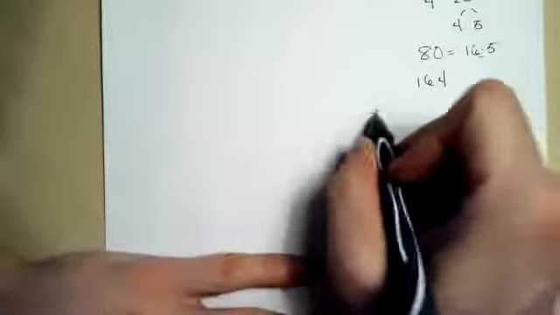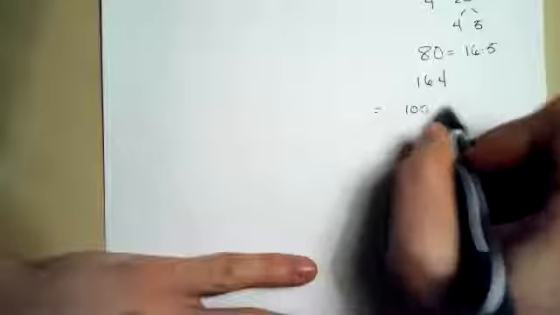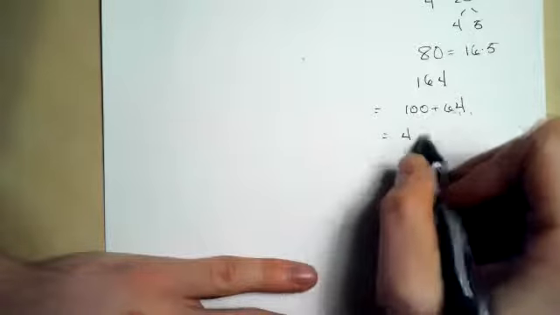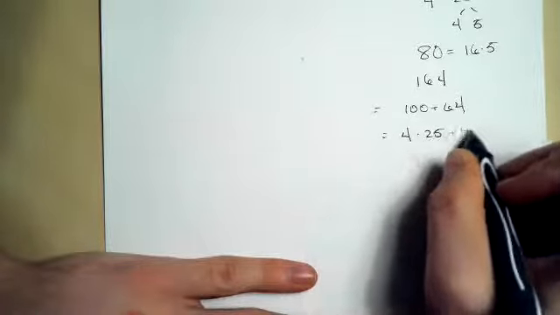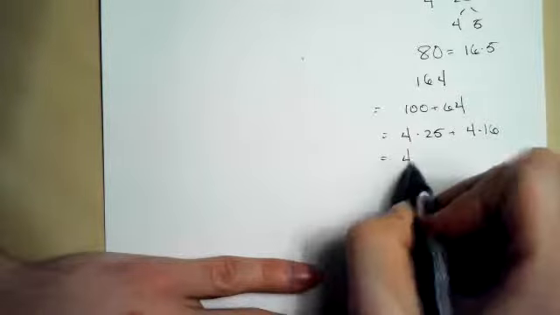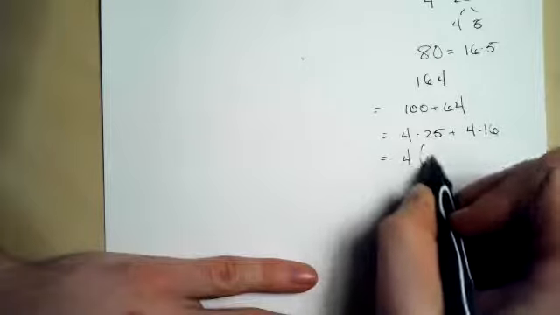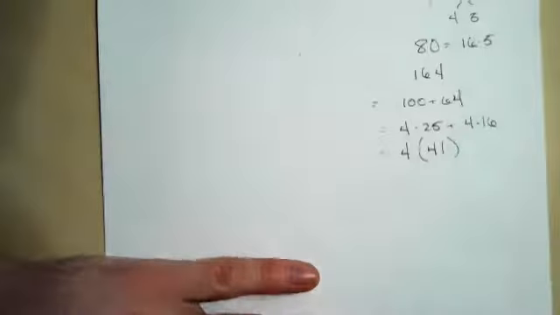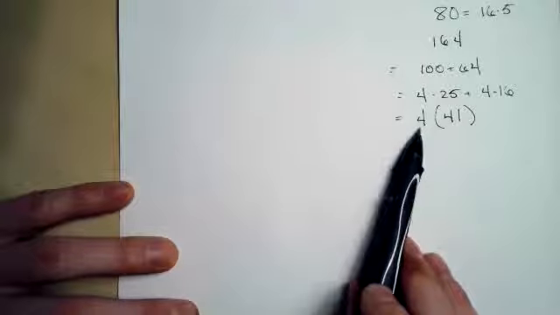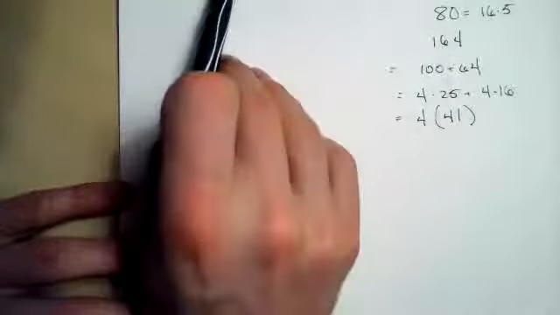Here, so we can write it as 100 plus 64, which is going to be 4 times 25 plus 4 times 16. So it's going to be 4 times 41 is 164. So it looks like we can at most pull out one factor of 4 from that.